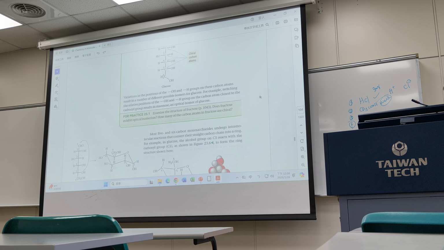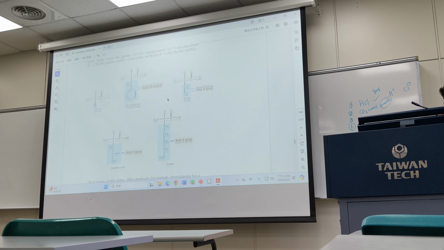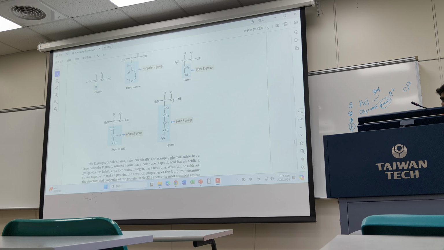And you have to write like this. And the types of amino acids. Just this page is maybe important for you. If you write something: polar, non-polar, acid, and base, that's it. Polar, non-polar, acid, and base.